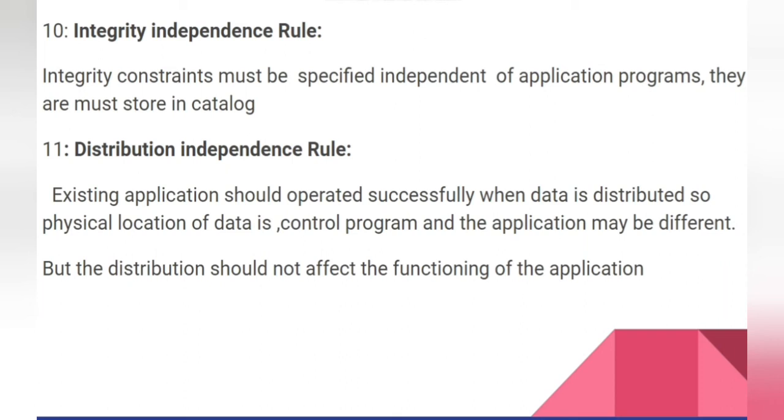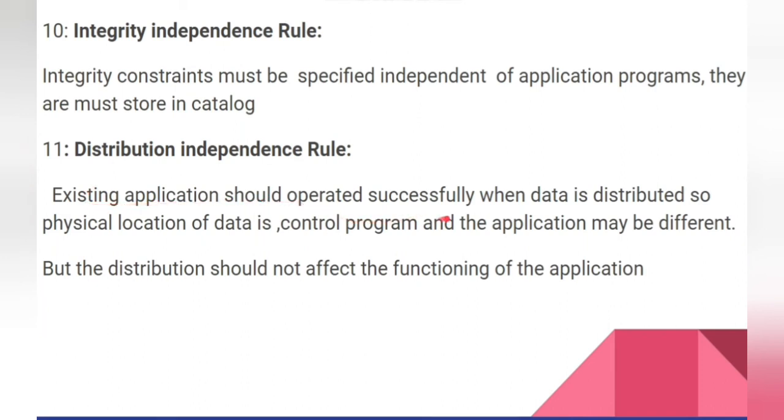That is why changes in the application program will not affect the rules of the data present in the table. That is why integrity constraints must be stored in the catalog, so they will not affect our data present in the database.